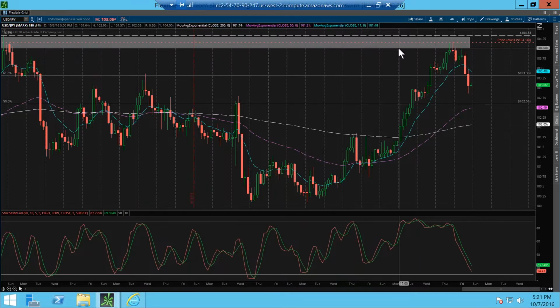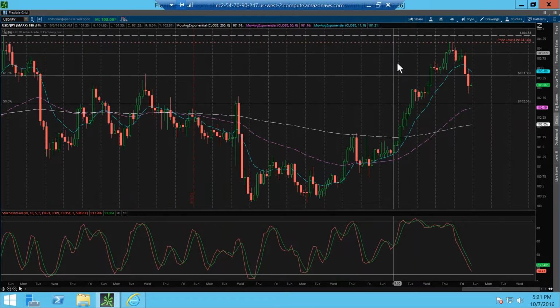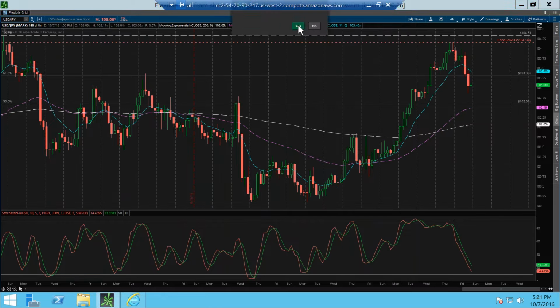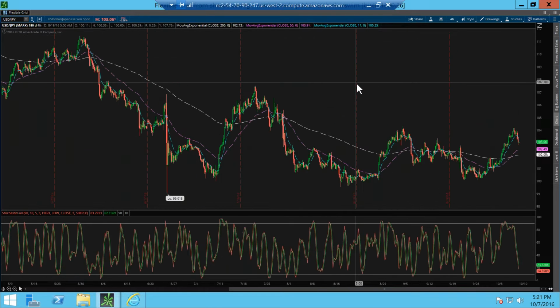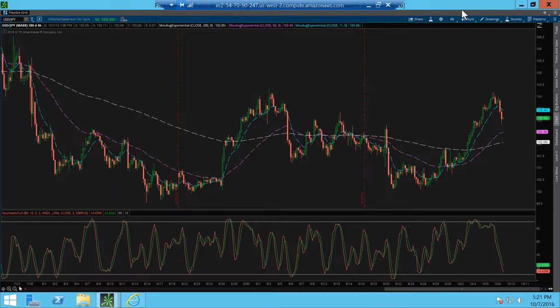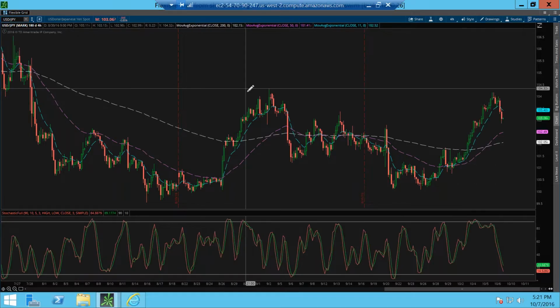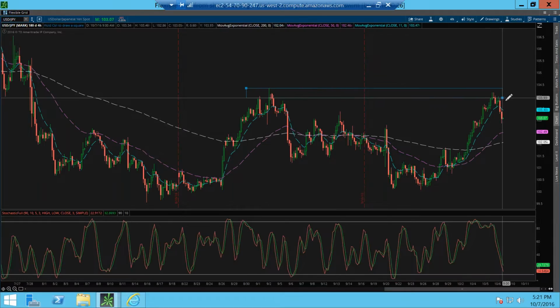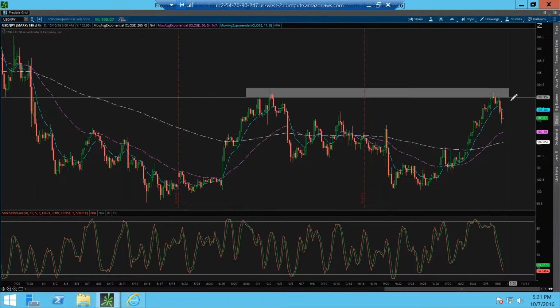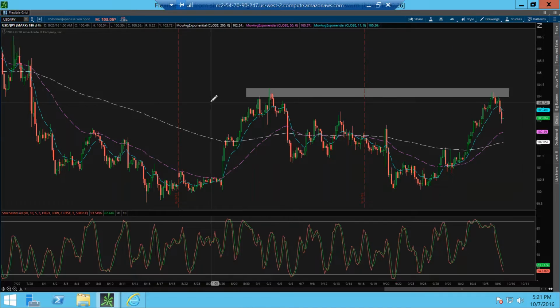So what was I looking at here? Why did I enter this trade? Let's get out of all of these drawings. So when I did get into this trade, the reason that I entered was I had a supply zone that had been previously created, and I also had a resistance line.